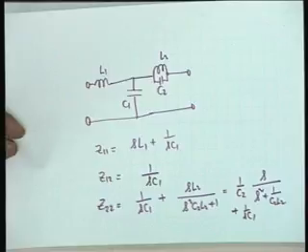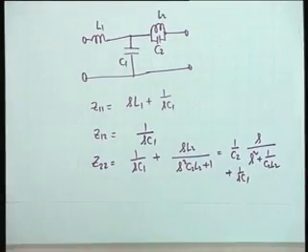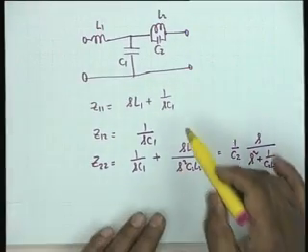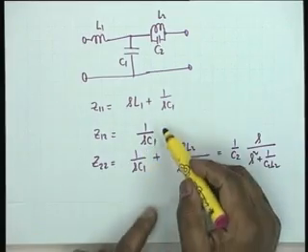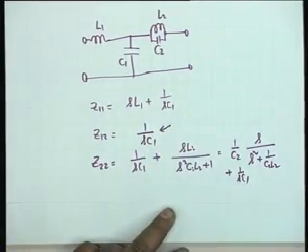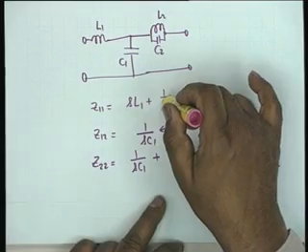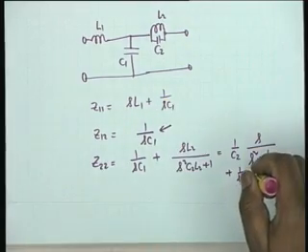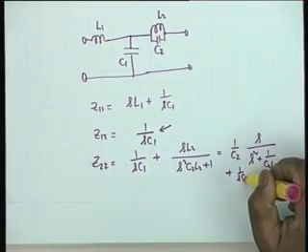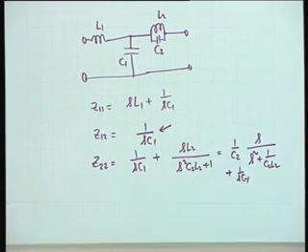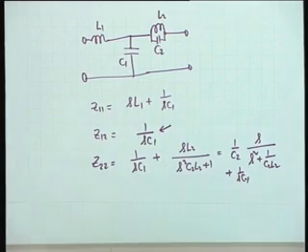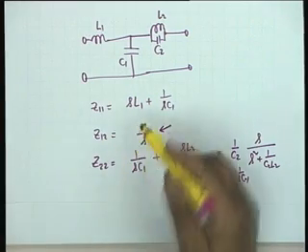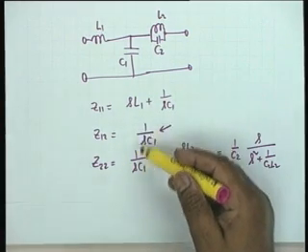If you notice, the pole at S equal to 0, which is the pole of Z12, is also present in Z11 and Z22. That is, this pole is shared by all the 3 parameters. On the other hand, the pole at infinity of Z11 is not shared by either Z12 or Z22.